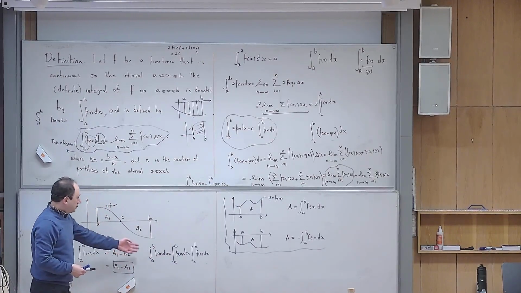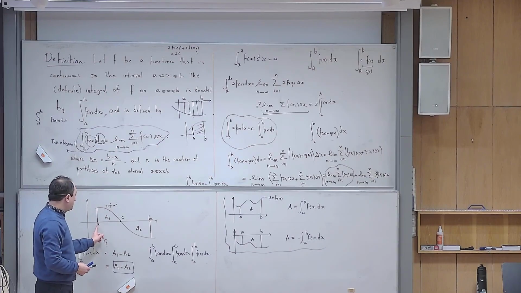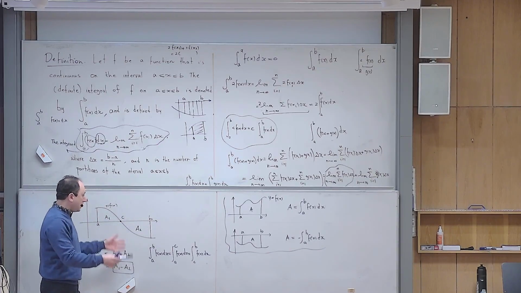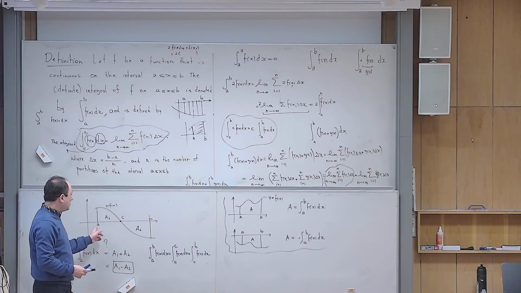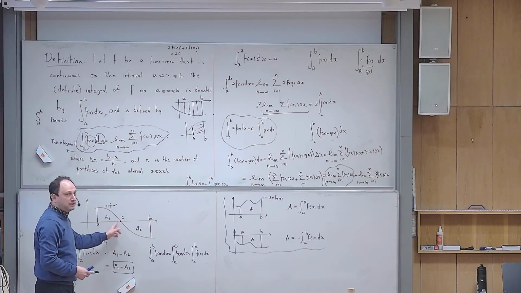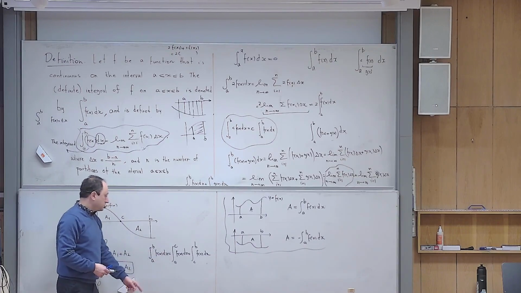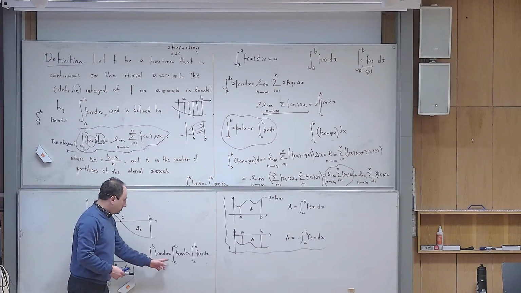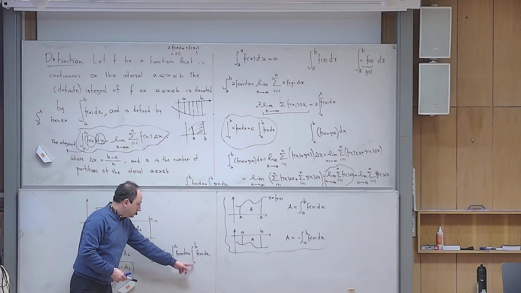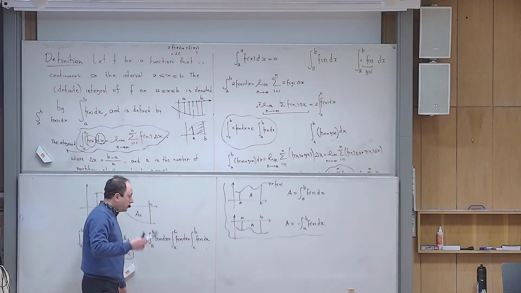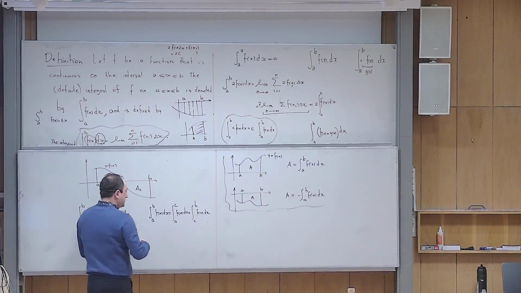There's a theorem for integrals that if you want to calculate the integral from a to b of f of x dx, you can break it in the middle: you go from a to c and then from c to b. Okay, if you agree with this, then it is not hard.